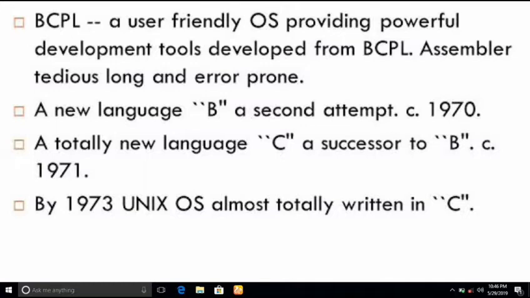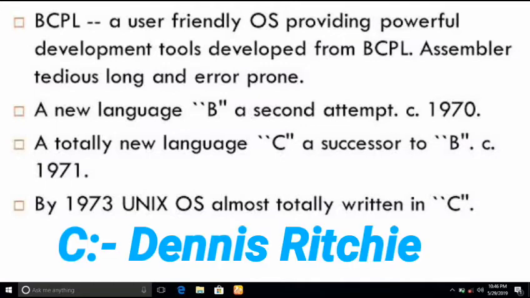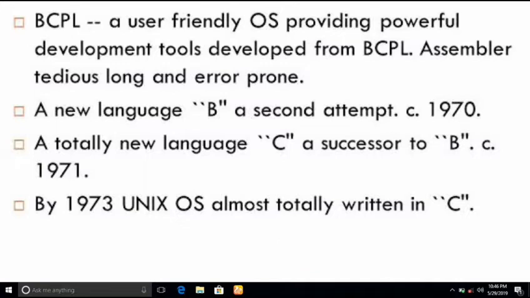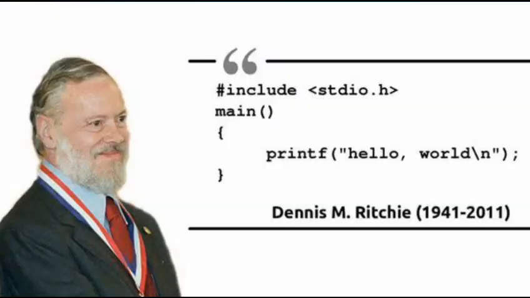After BCPL and B language, the successor of B language is C language, which was developed by Dennis Ritchie in 1971. These three programming languages are very important to know, and this is known as the history of C language.